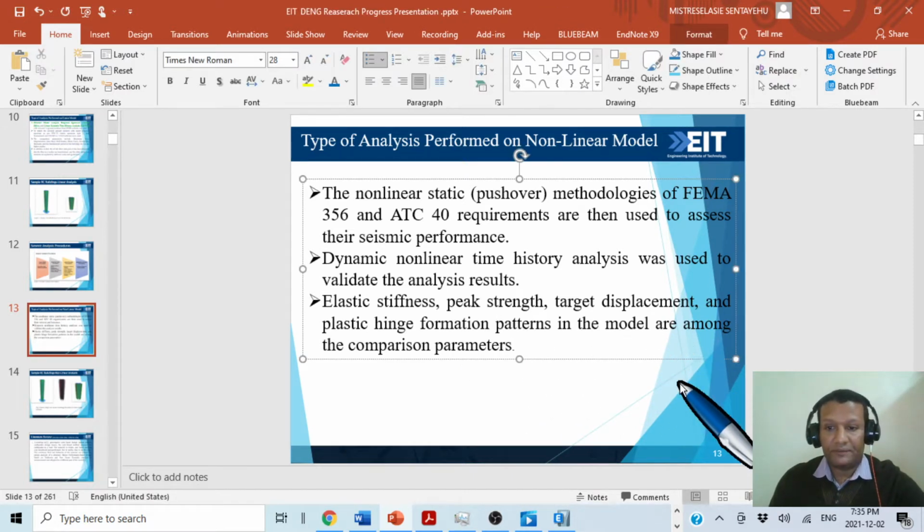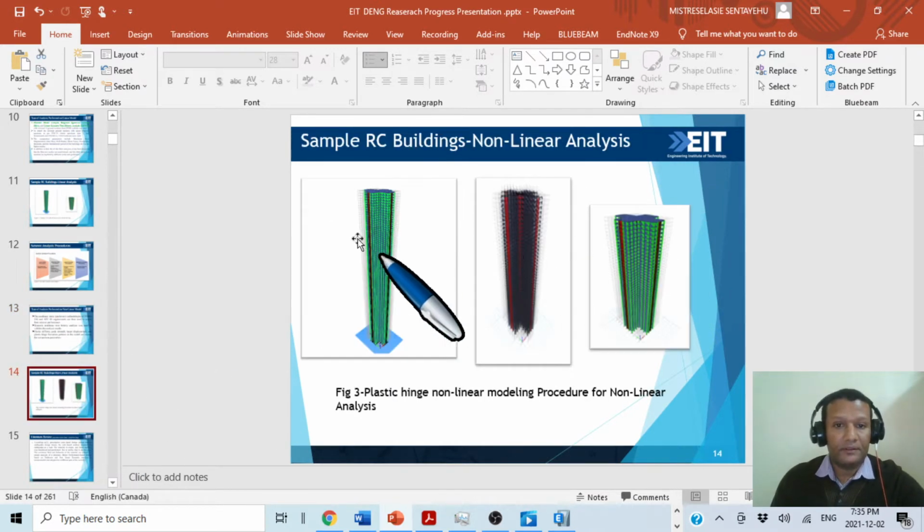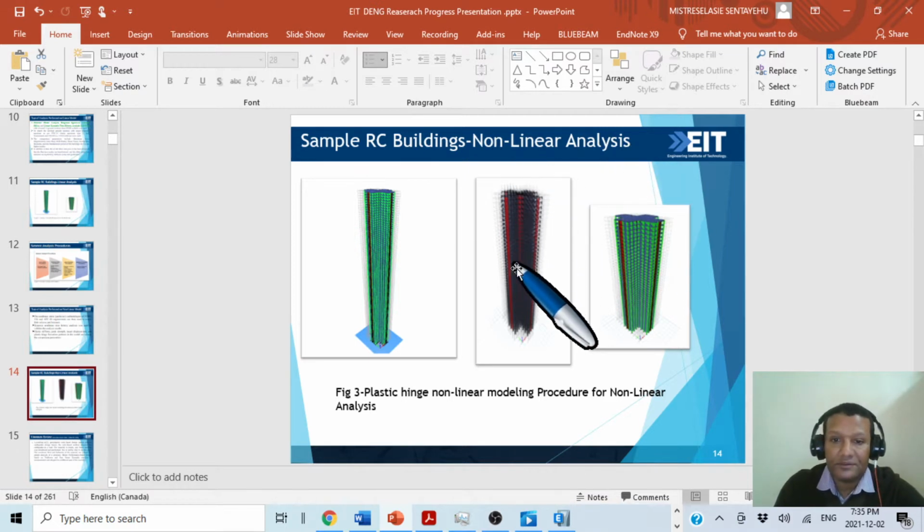This is the sample building, nonlinear. As you can see, plastic hinge nonlinear model procedure. I use plastic hinge modeling, and when we reach nonlinear, I will make a video on that. Let's concentrate now on classical modal analysis.